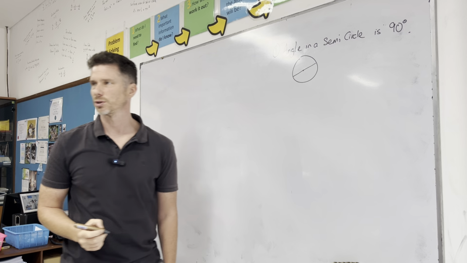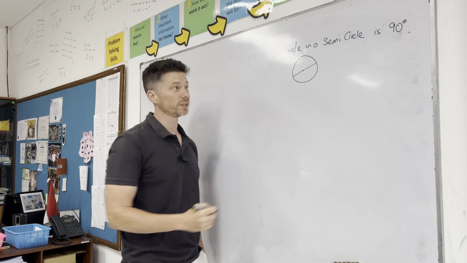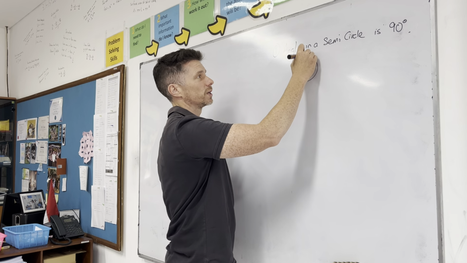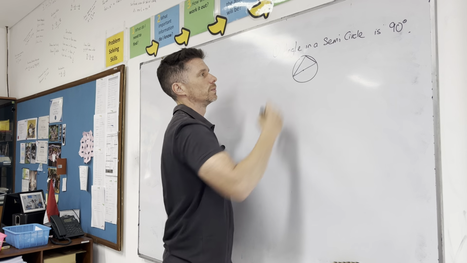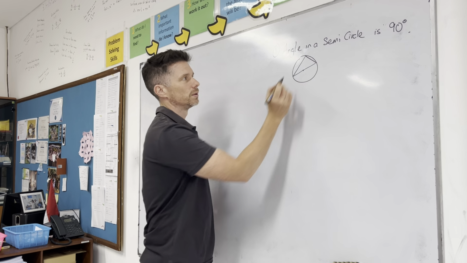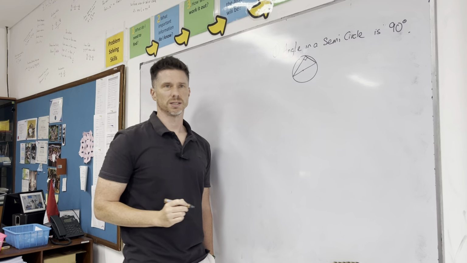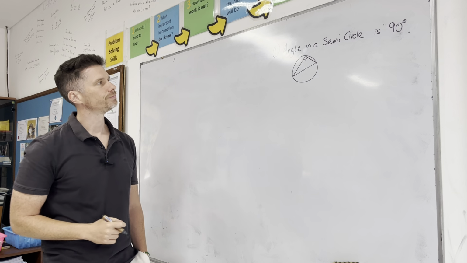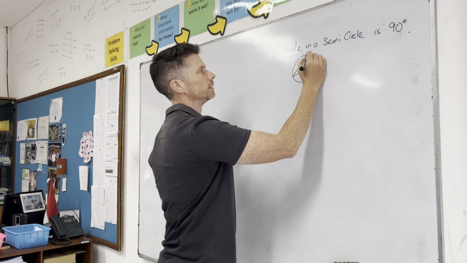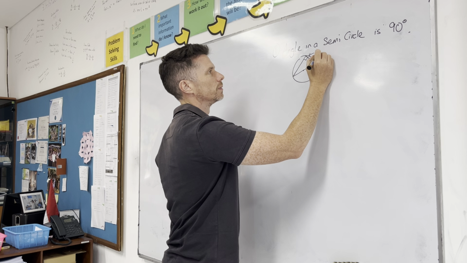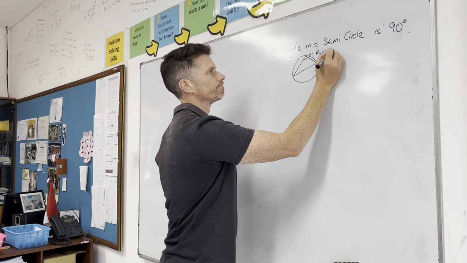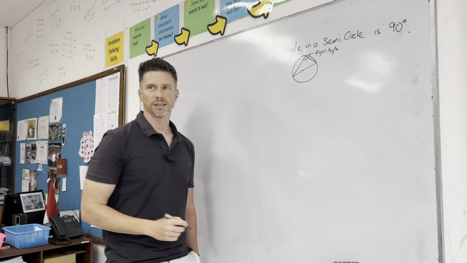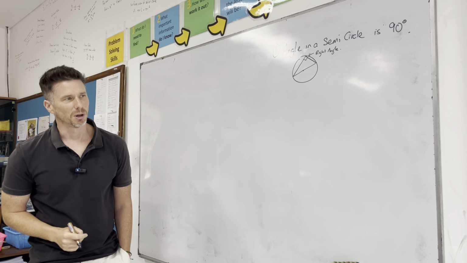If we create a semicircle and then we make a triangle with that anywhere, so make a triangle here like that, this angle up here is 90 degrees. That angle will always be 90 degrees.